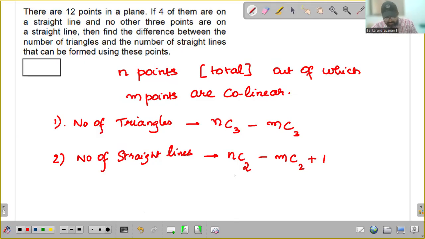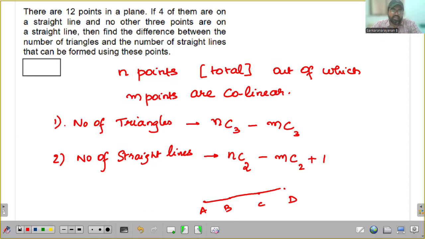Don't forget that plus 1, because observe, 4 points are collinear, A, B, C, D. AB, BC, AC, AD, BD, CD are all the same single straight line, and they overlap. So I remove all those and put just that AD, the single line. That is the significance of this plus 1.